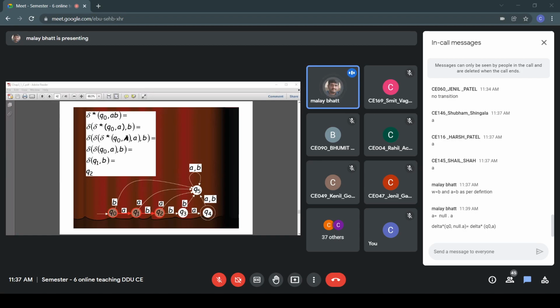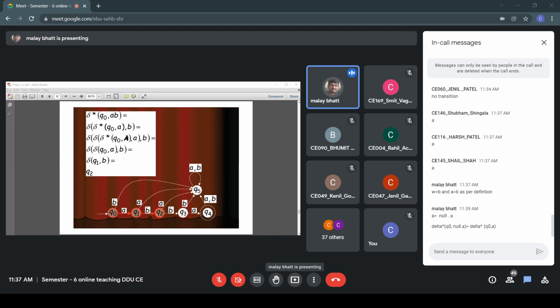Now, to terminate this recursion, when we get the null, we will use the rule that delta star of q0 comma null will give us q0, because there is no change in the state.